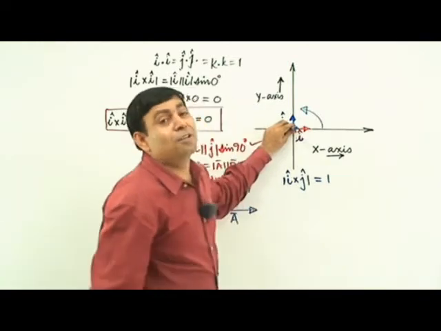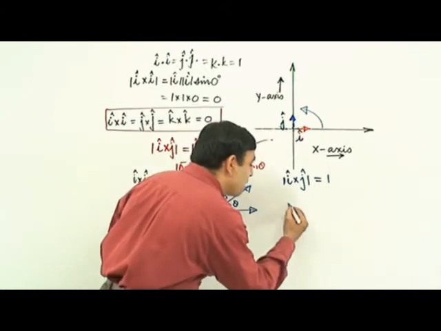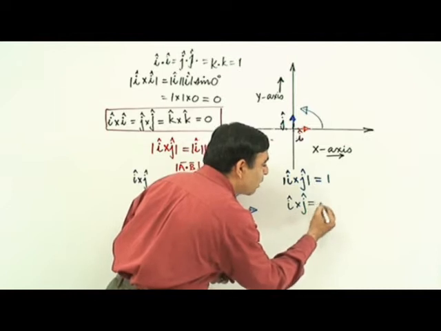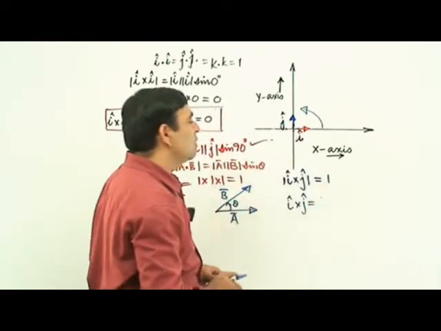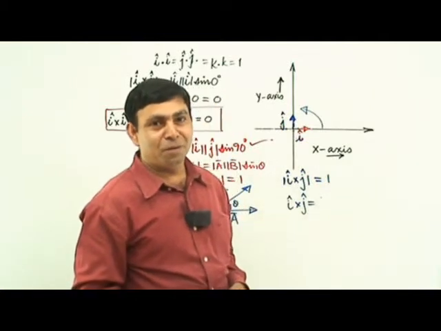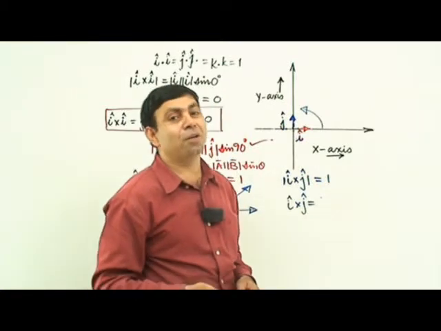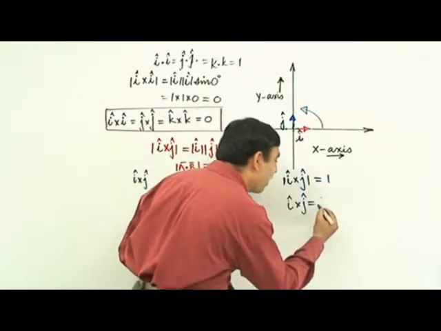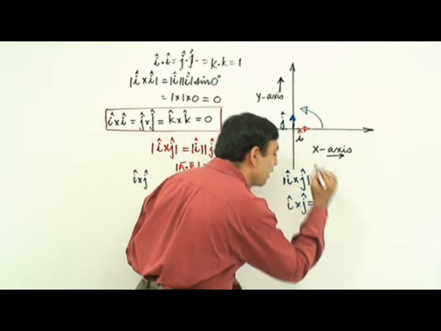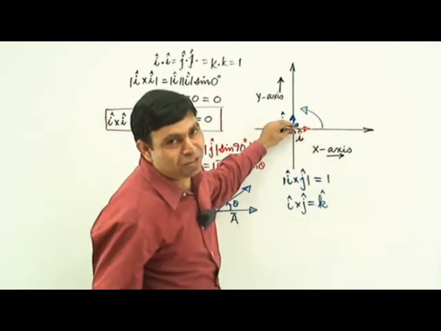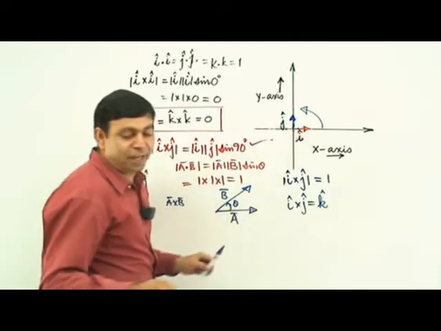So i cross j is a unit vector and it is towards the positive z direction. What do you denote a unit vector towards the positive z direction by? Obviously k. A unit vector towards the positive z direction is nothing but k. So i cross j is k.